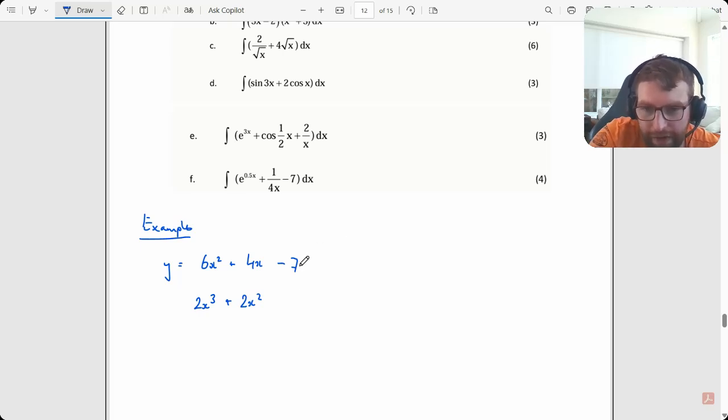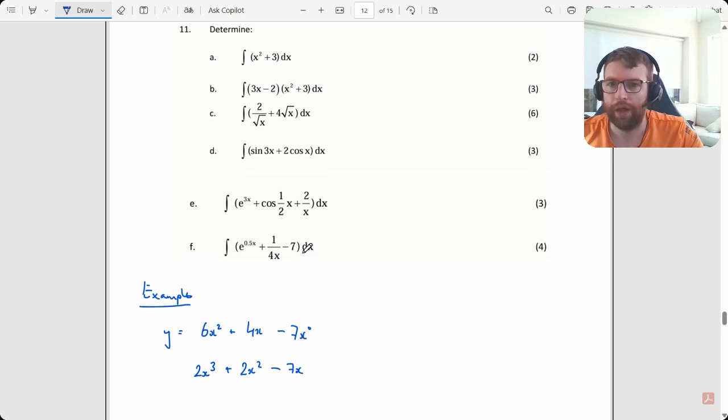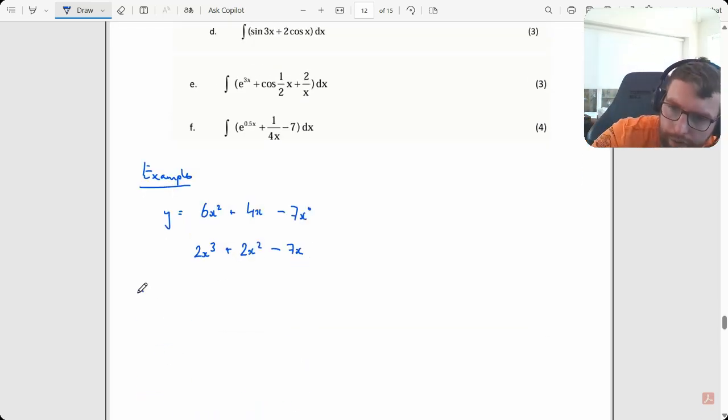Here, this is effectively x to the power 0, because it's not there, it doesn't exist. So we're going to add 1 and then divide by 1, so we end up with minus 7x. So whenever a number is on its own, like 6 or minus 7 or 154, you just put an x on it. That's what you do in integration. So yeah, I'll try and rattle through these now.